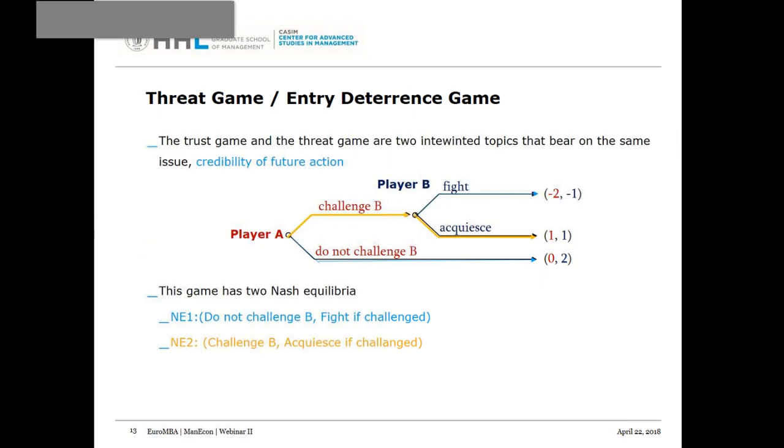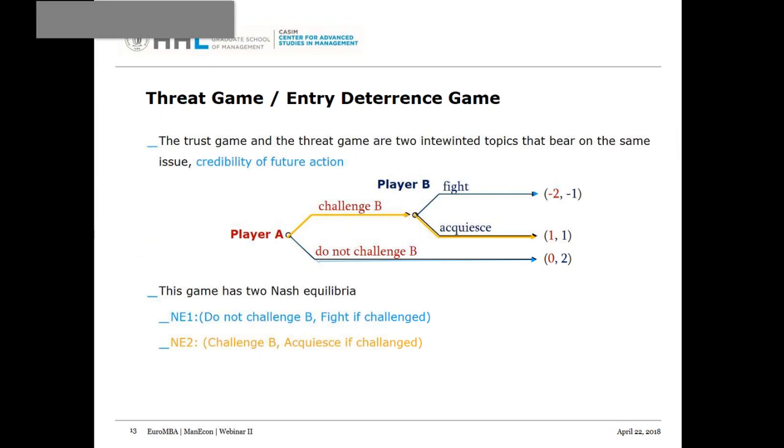So if player B is challenged, B will acquiesce, will get 1 instead of -1 when fighting, and the challenger, knowing that, will challenge the incumbent and will get 1 instead of 0. So this is one Nash equilibrium, and the other one is this: that player B says it will fight whenever the market is entered, and player A will stay out.